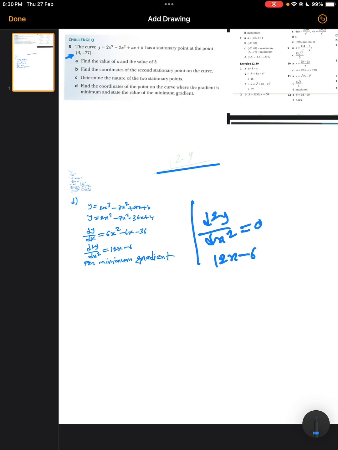So 12x - 6 is equal to 0. So 12x is equal to 6, x is equal to 0.5. Then y must be 2 times 0.5, okay, I'm taking this as a decimal. Sorry, it's a cube.